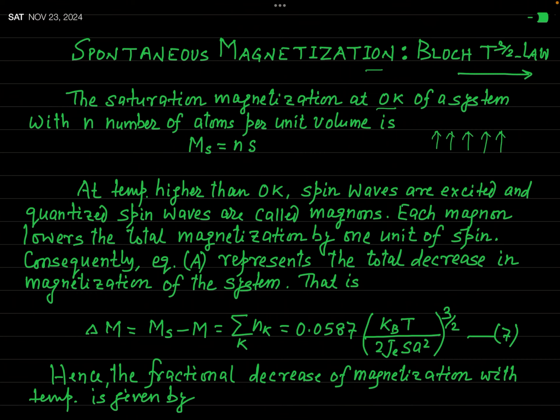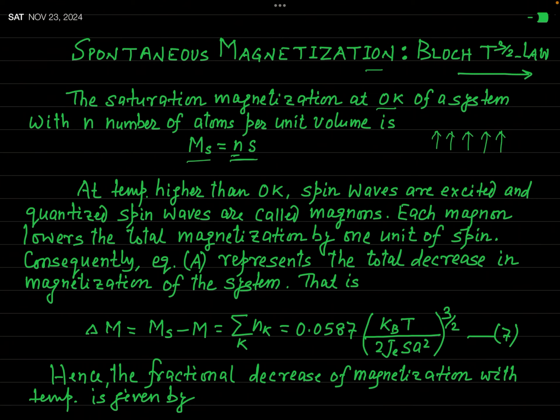This saturation magnetization will be equal to N times S. Here S is the value of each spin, and N represents the number of atoms per unit volume. So the total magnetization at 0 Kelvin temperature will be Ms, the saturation magnetization, equal to N times S. You know it.